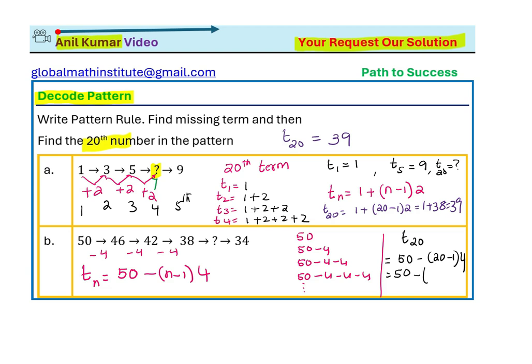Distribute the 4: 20 times 4 is 80, 1 times 4 is 4, so 84 minus 4, which gives 76. 50 minus 76 is definitely a negative number, and negative 26 is your answer. So in patterns, it is not limited that the value will always be positive. Value can be negative, right?